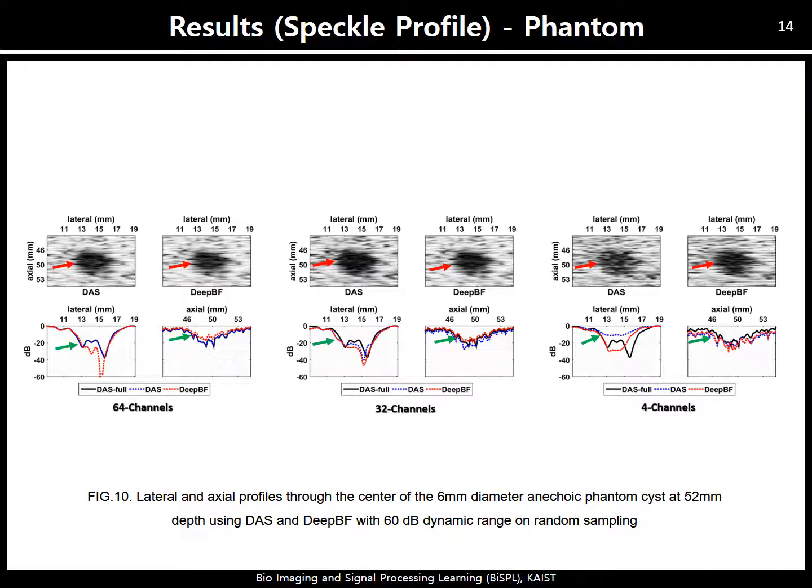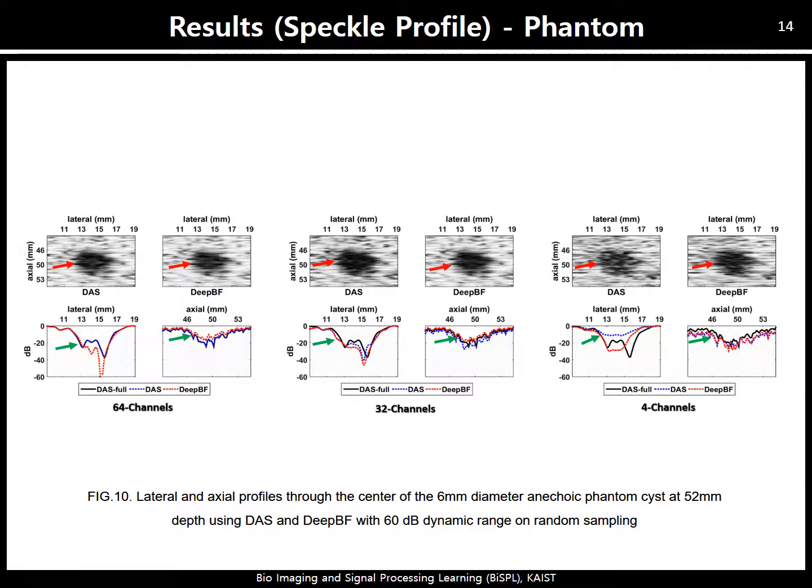So, in terms of the lateral profile, we can see there is a prominent difference between the DBF and the DES beamformer result. Although the axial profiles show a similar trend to DES, there is no significant degradation in the axial resolution in subsampled images.